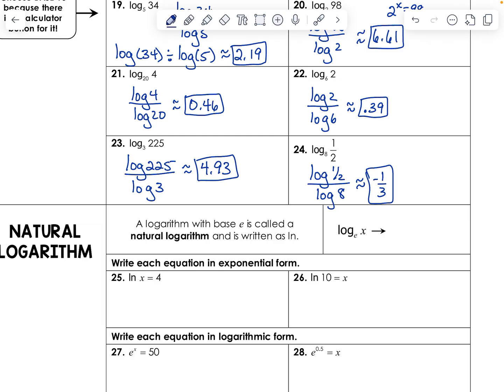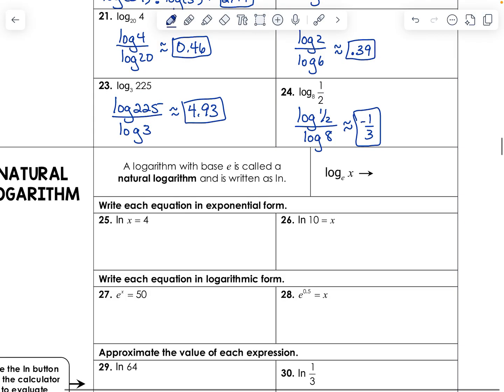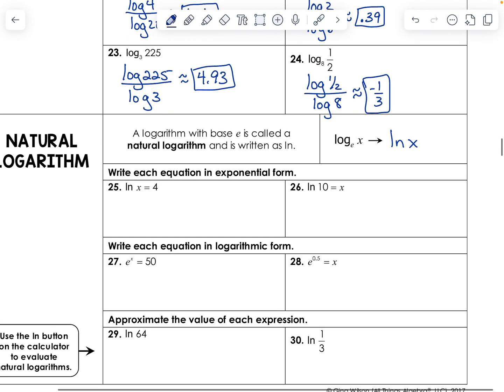Okay, so a logarithm with base e is called a natural logarithm and is written as ln. So log base e of x is the same thing as ln x. So ln x equals 4, so they want it in exponential form.